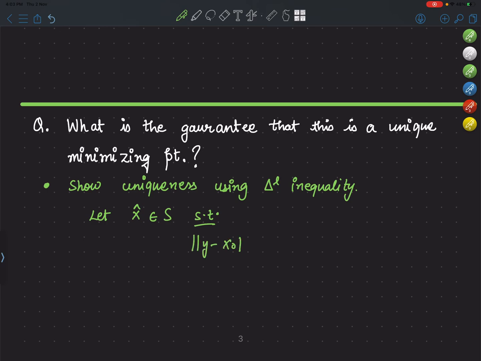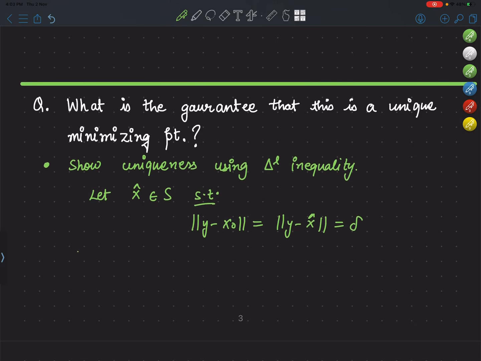So y minus x naught and y minus x hat are both at distance delta. Now since S is convex, x naught plus x hat divided by 2 will also belong to S. Basically, if x naught and x hat are two points in S, then their midpoint will also belong to S because S is convex.